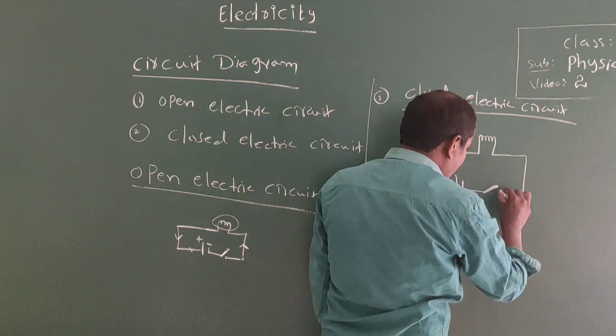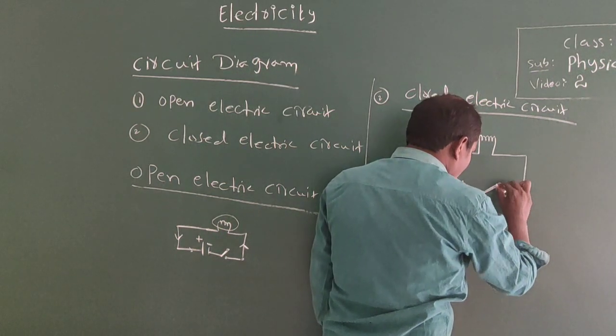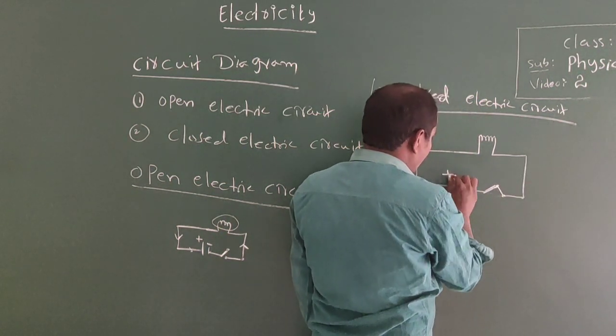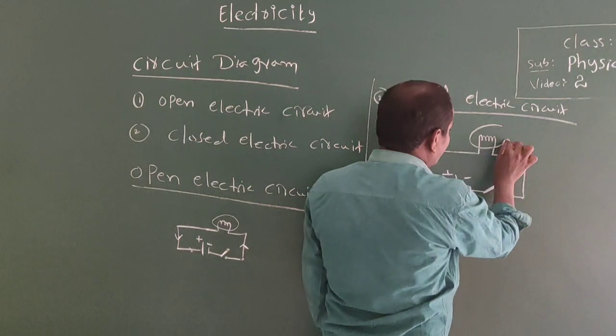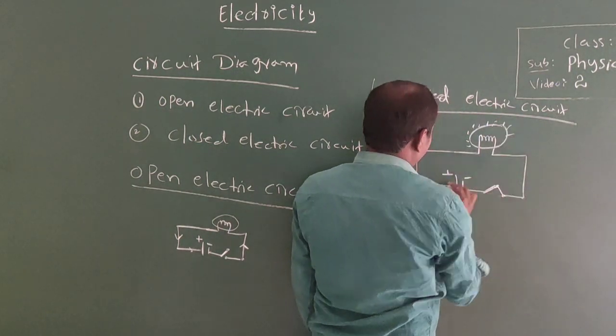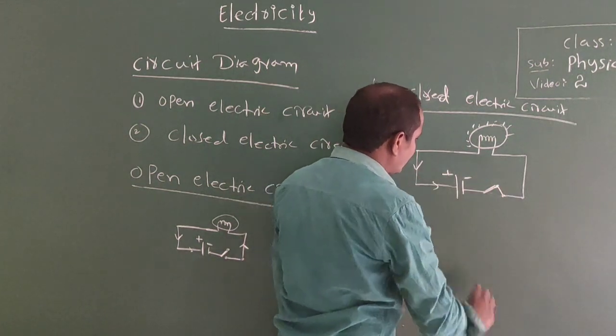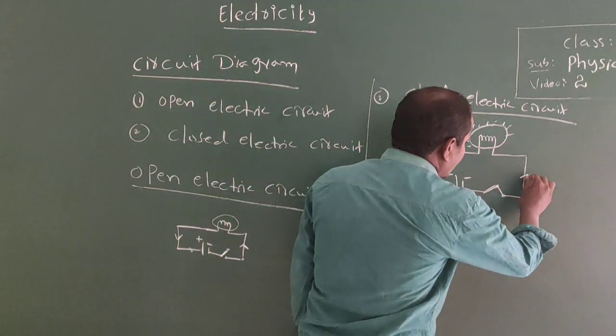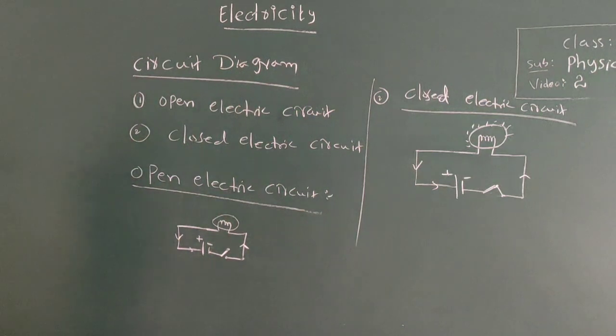Then it is called a closed electric circuit. Now the bulb is glowing because there is a connection between the positive and negative terminal.